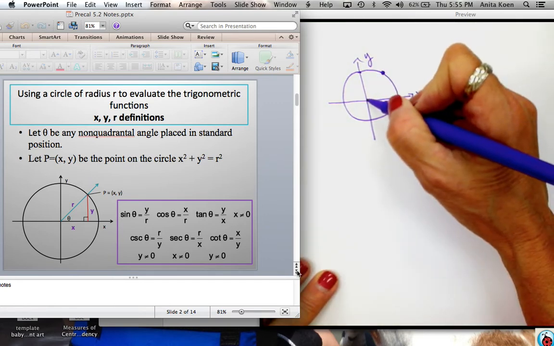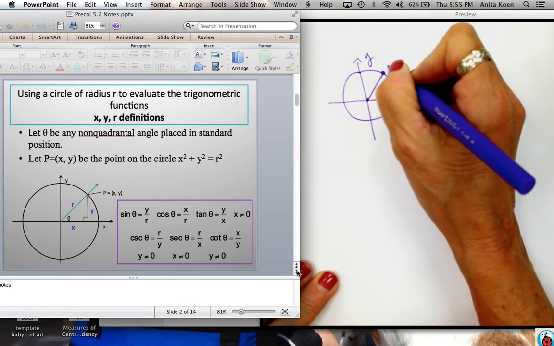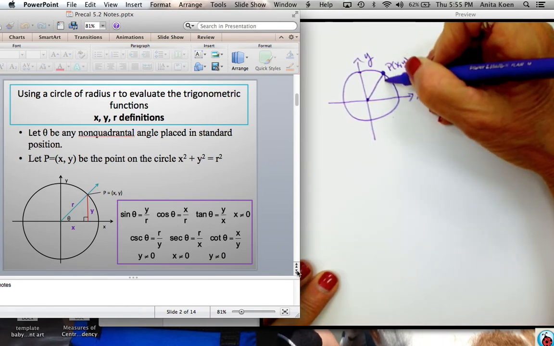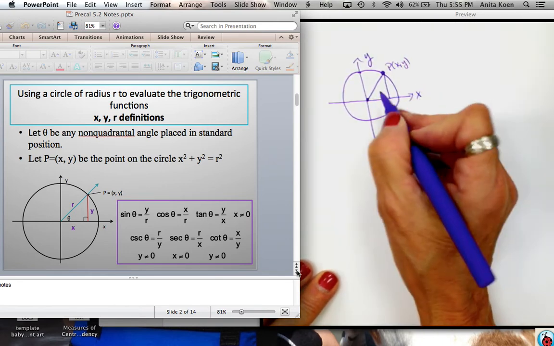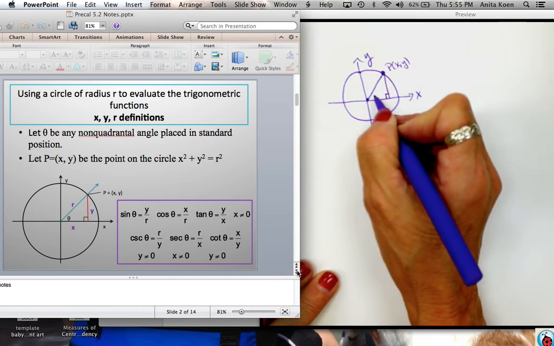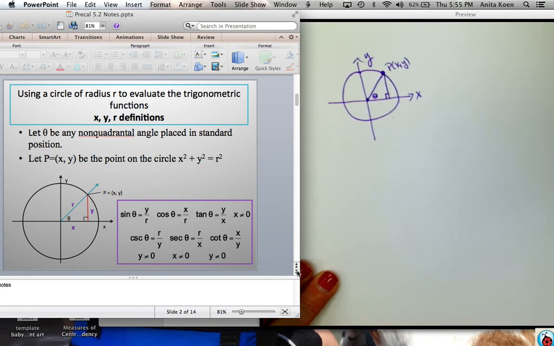Okay, we're going to draw our radius from the origin to the point that's on the circle. That then becomes a point xy. And then we can drop a perpendicular down to the x-axis. That's going to be a right angle. And now we have our angle theta, which is in a right triangle.